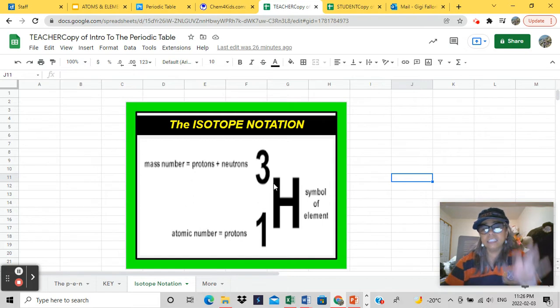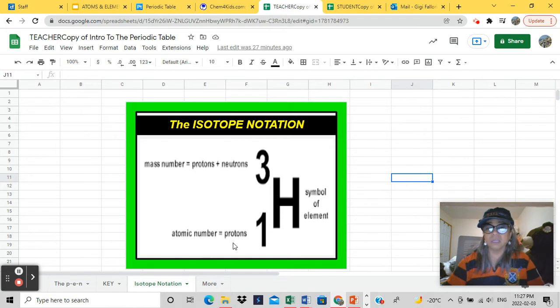So here, this is how we can represent our elements. You have here the symbol of the element, and the number on top of it would be the mass. The mass, if you recall, is concentrated in the nucleus. That's why you have the protons and the neutrons. And the number below would refer to the atomic number, or the number of protons.